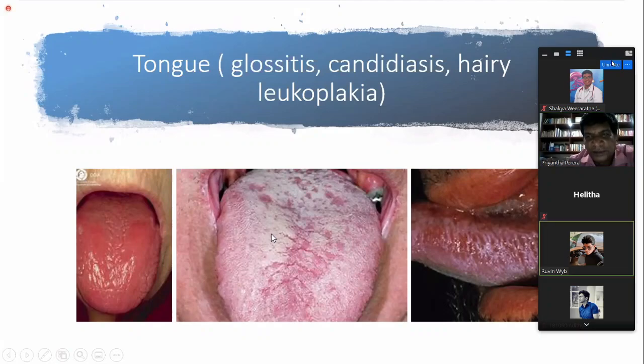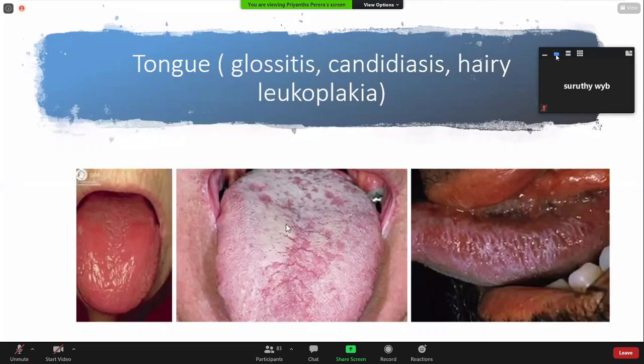You must say what you see. Observe. The whitish areas, whitish plaques, right? White plaques over the surface of the tongue.